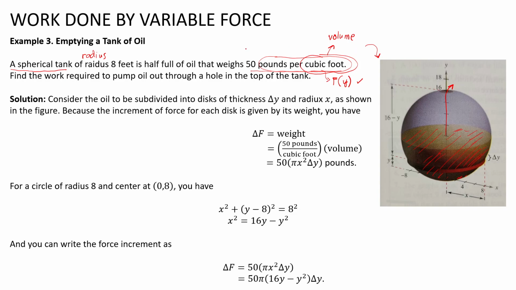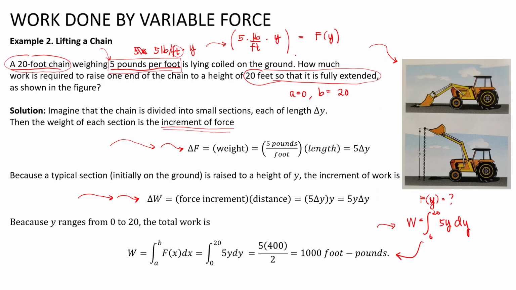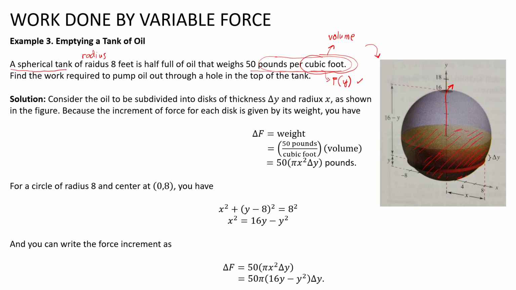So earlier, I think it was 20 pounds per foot, meaning our term there is linear, so we can directly multiply it with the y distance. But for this problem, we need to multiply it with a certain volume. And this is where we can use our differential strip or differential disk.